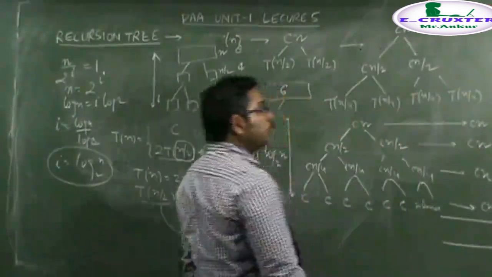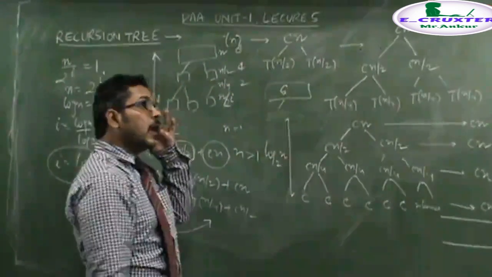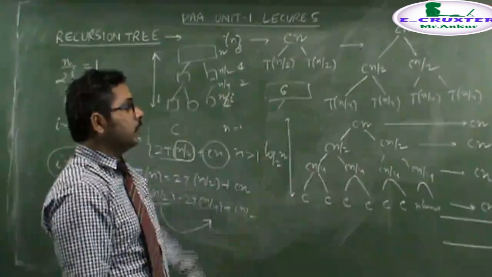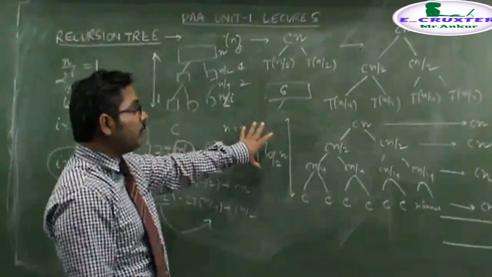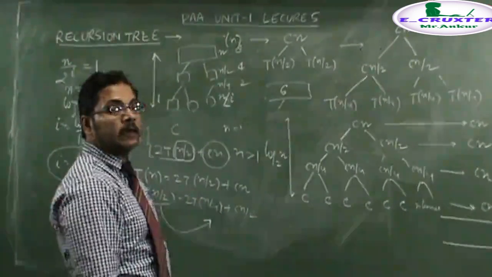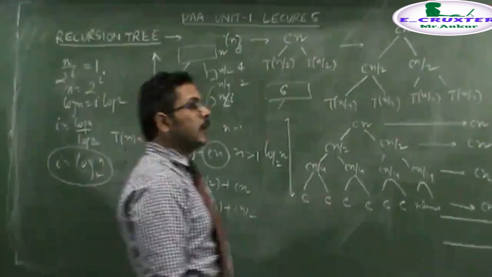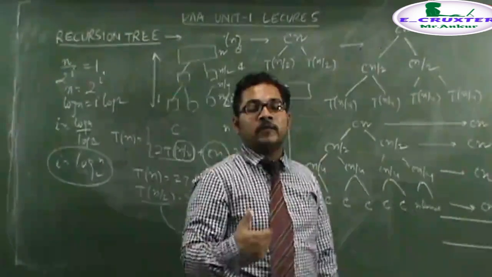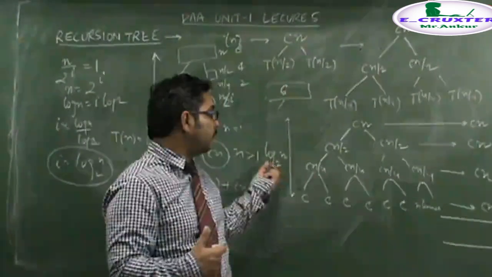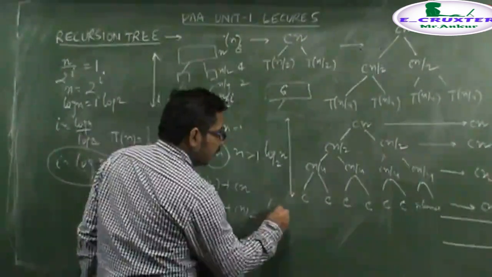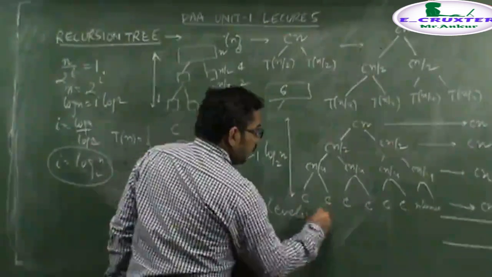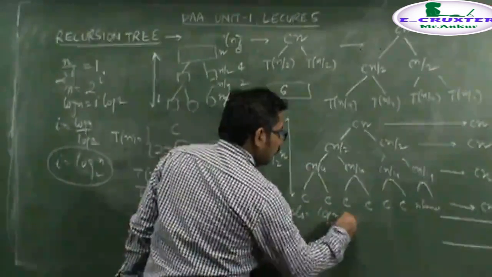It is not easy to sum the total cost directly, hence we check how many levels are there in the tree. You will notice that the number of levels in the tree is one more than the height of the tree. We have studied in data structures that the number of levels in the tree is one more than the height of the tree. Hence the total number of levels in this tree is log of n base 2 plus 1.